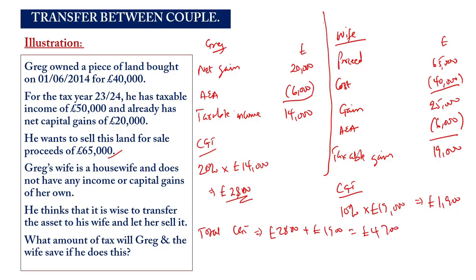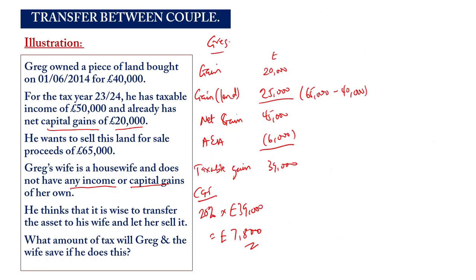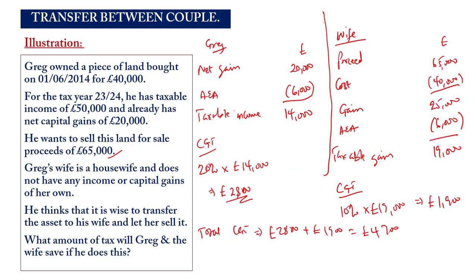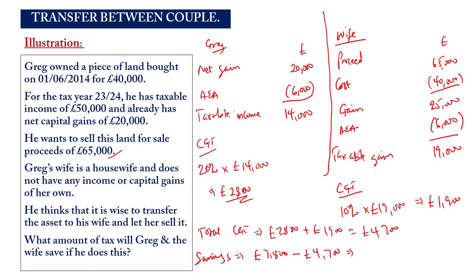So when the asset was with Greg, it was paying a tax of 7,800. So the savings will be 7,800, then we less what they are going to pay if the asset is moved to the wife, 4,700. That is going to give us 3,100.